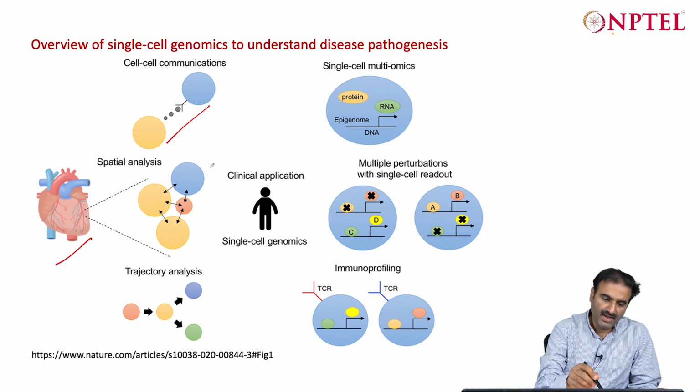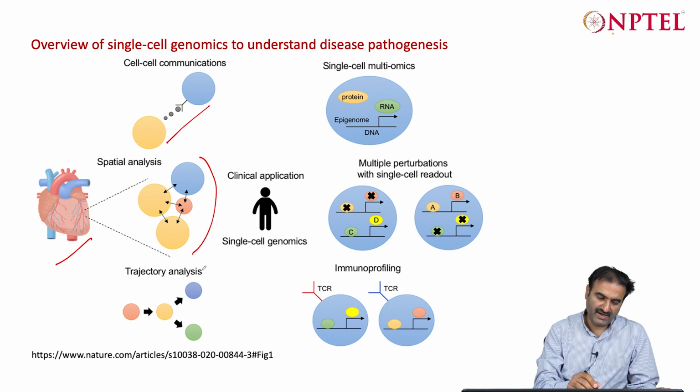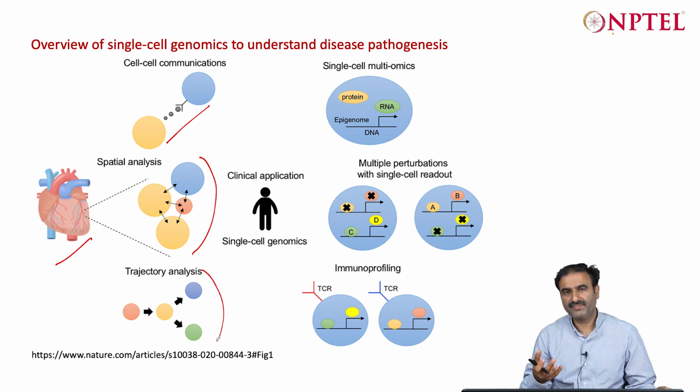Similarly, the spatial analysis, that is how these cells in a given space are connected and related to each other or talking to each other, that is communication. And trajectory, like how they are dividing in a space, so those processes can also be understood.